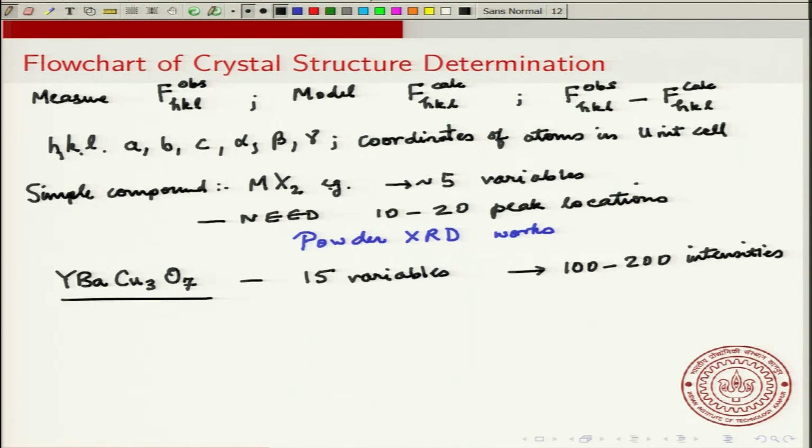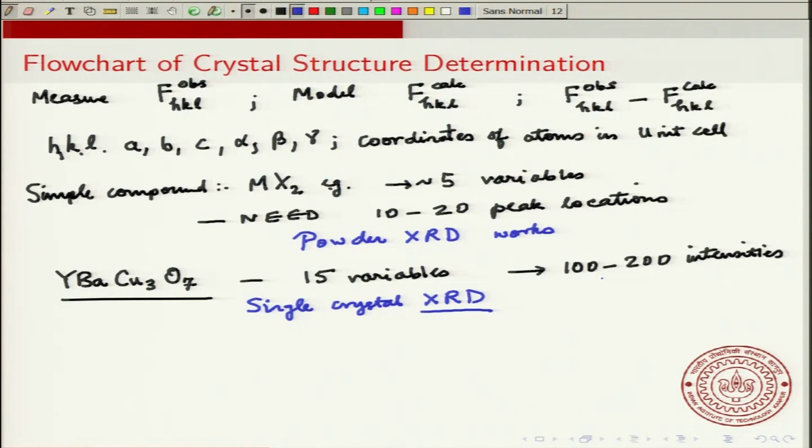Now, for this you will typically use a single crystal XRD. So, you make a single crystal and then you put it in the X-ray diffraction instrument. And because it is a single crystal, you will have to rotate it. But when this is done, you will get a very good intensity of all the peaks. So, this gives much higher intensity, and so you will be able to record several more intensities.